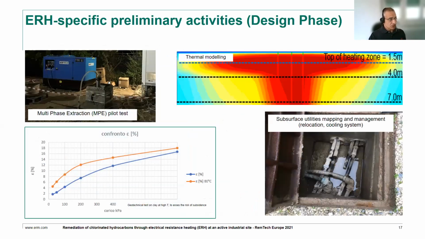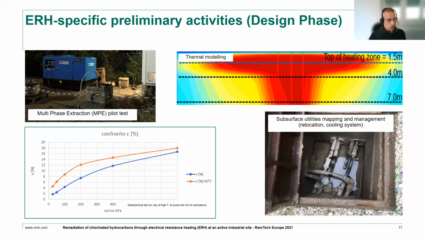So we started the design with the thermal modeling on the basis of the data that were already available. And then we designed the extraction system through a multi-phase extraction pilot test.